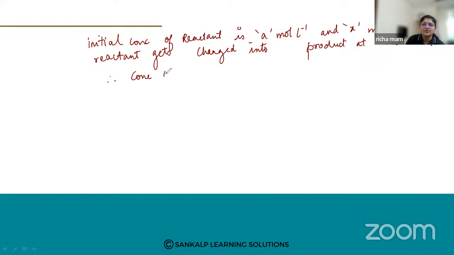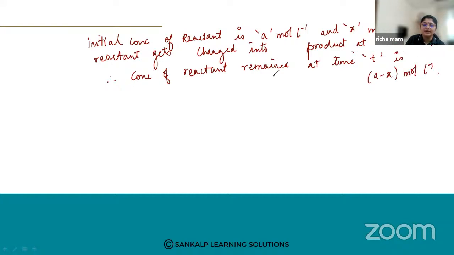Therefore the concentration of reactant remaining at time t is A minus X mole per liter. So we know that R naught is your initial concentration and your R is A minus X.